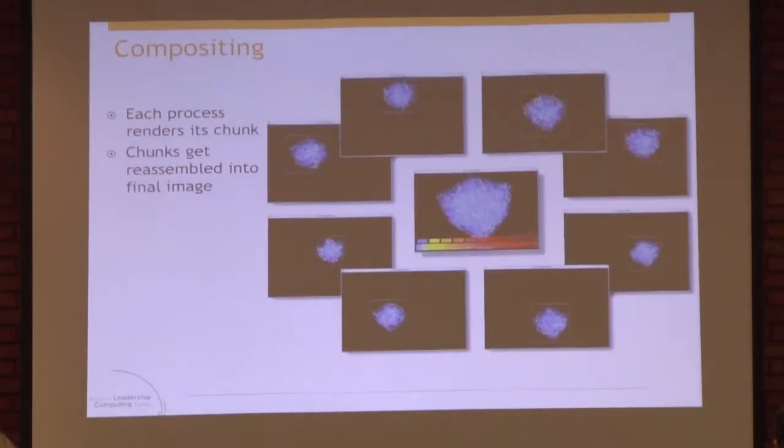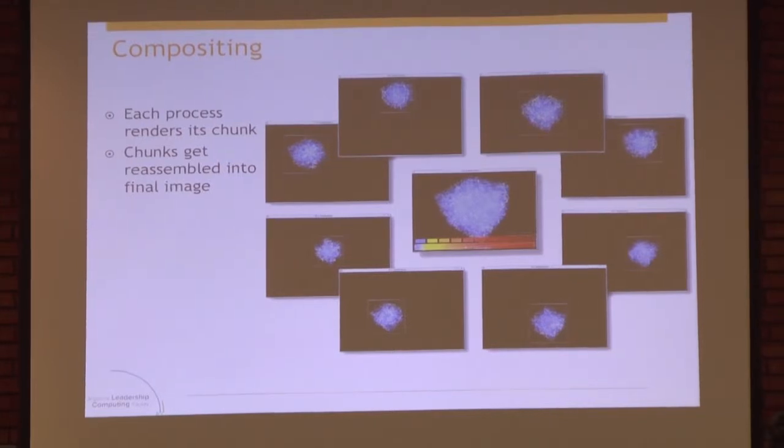Then each one renders its own little chunk, and they get composited together at the end for the final image. This is trying to tie this back into the categories you're looking at, doing this primarily for scalar data.